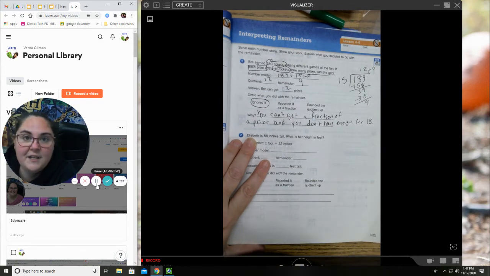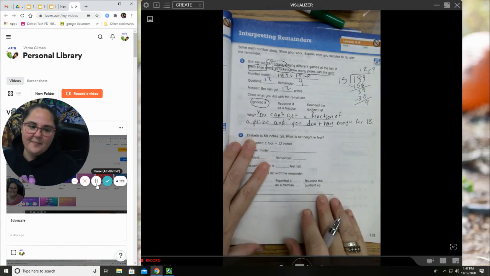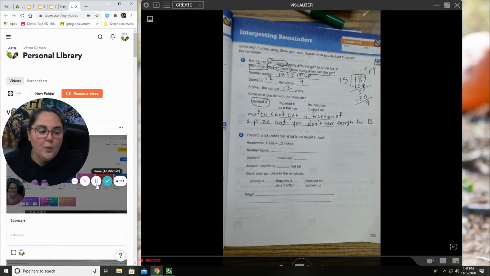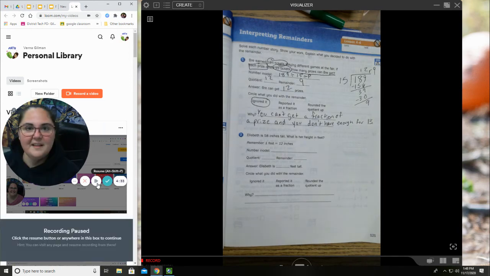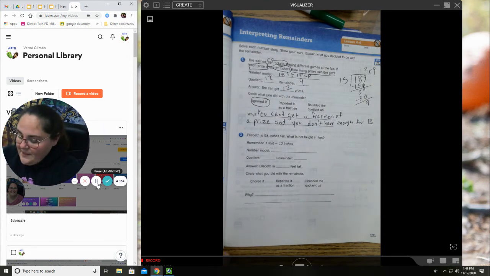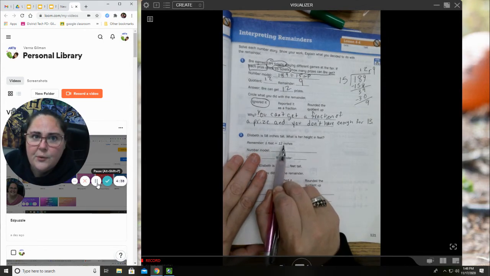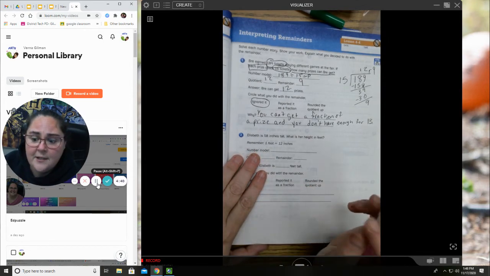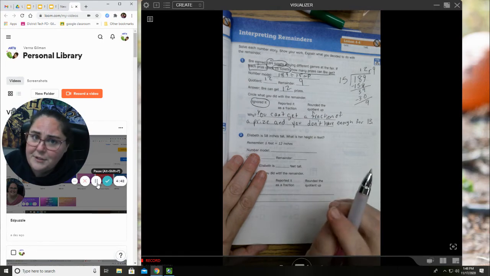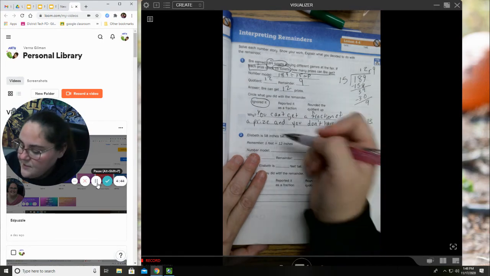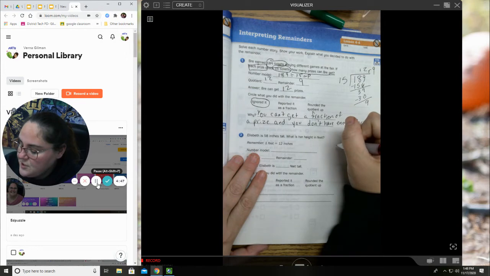You can't get a fraction and you don't have enough to get 13. Try number 2. What is my number model? This one gives you a little bit of a hint. It tells you that 1 foot equals 12 inches, which we learned in our lesson on Tuesday, so you should know that already. All right, so 58 inches tall.